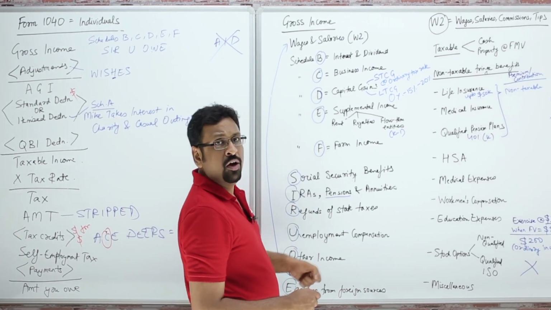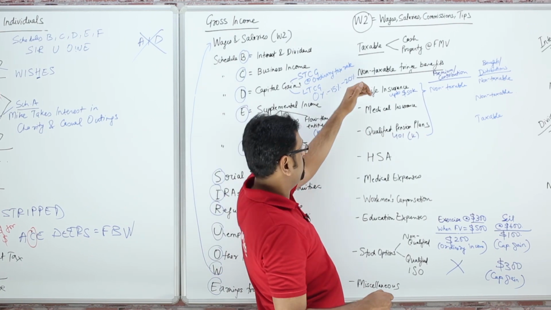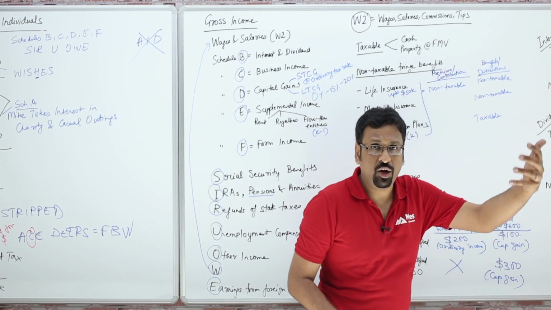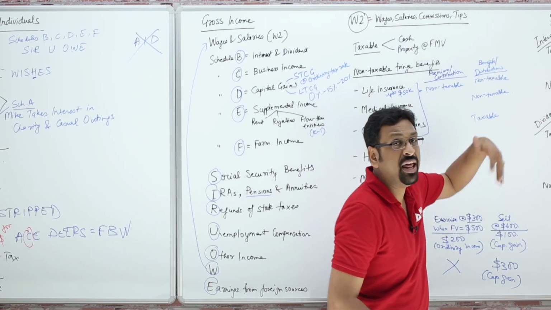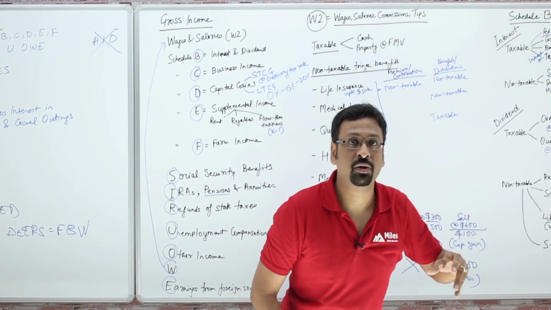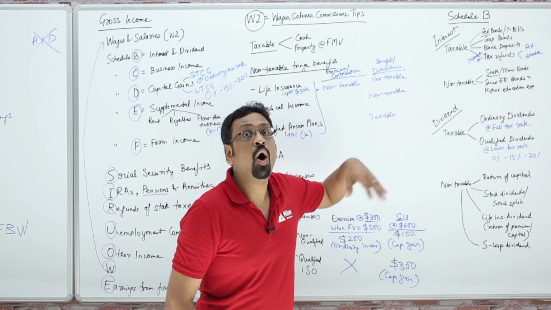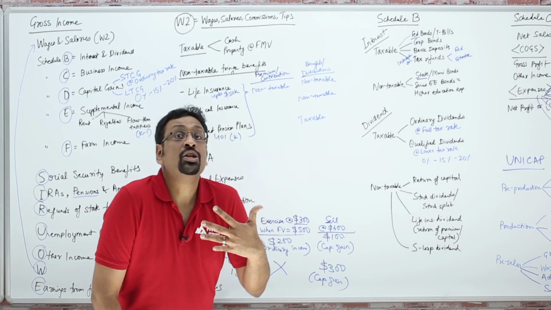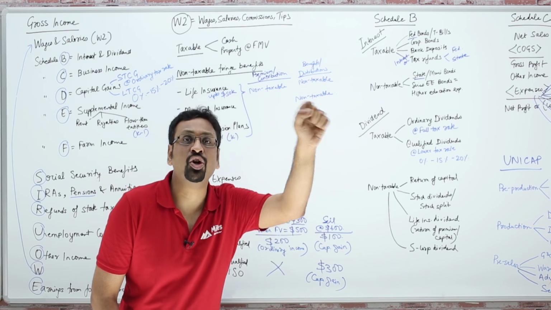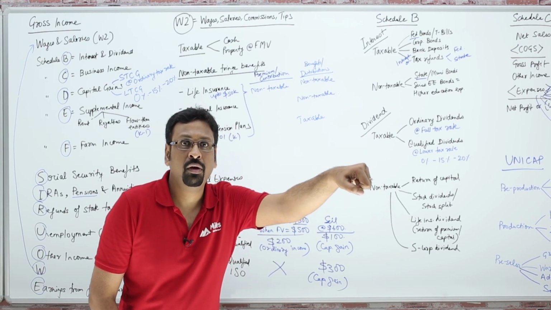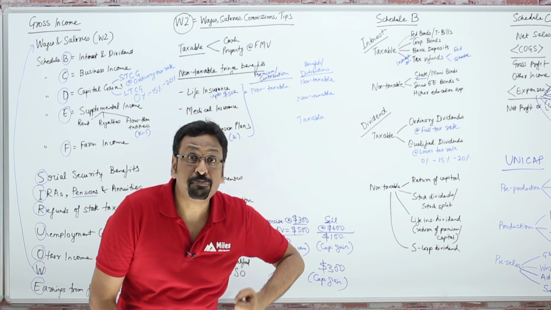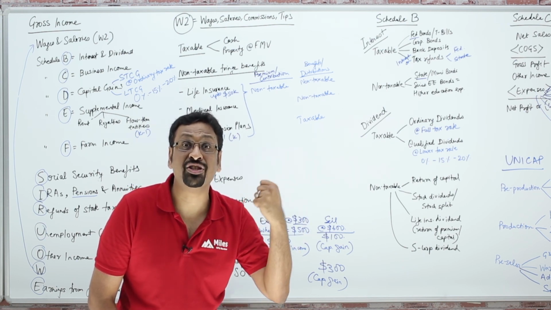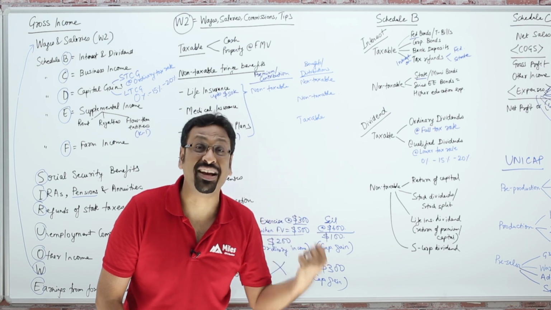So we said for non-taxable fringe benefits, life insurance, when the beneficiary of the life insurance receives the benefits or distributions, it is non-taxable. So let's say the spouse is deceased. Now, for the spouse of the deceased, these life insurance benefits or distributions are non-taxable income.